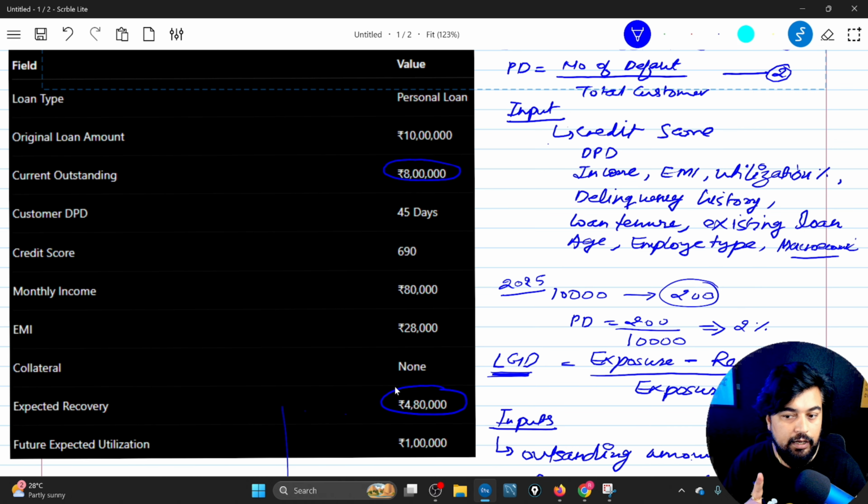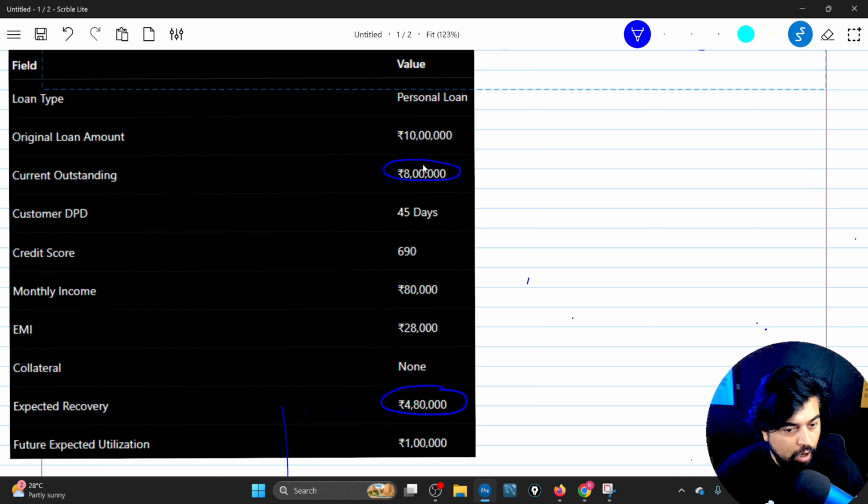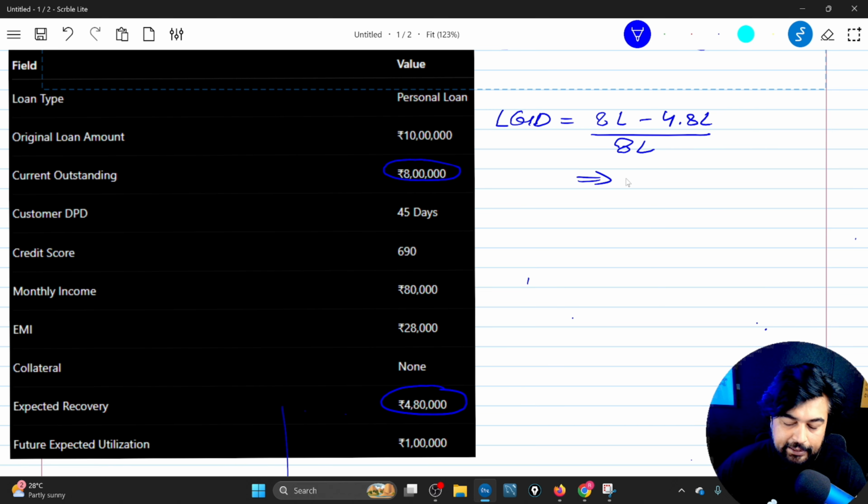So what is the formula? Okay. So for LGD, I just told you the formula, right? So LGD will be equal to 8 lakh minus 4.8 lakh, divided by 8 lakh. Okay. So 8 lakh minus 4.8 will be close to 3.2 lakh, divided by 8 lakh.